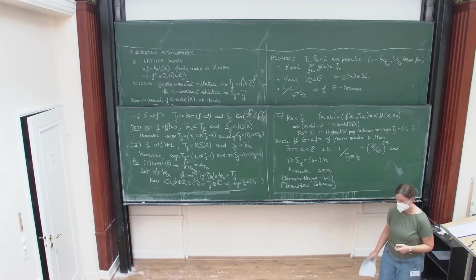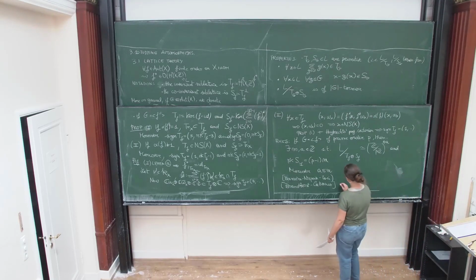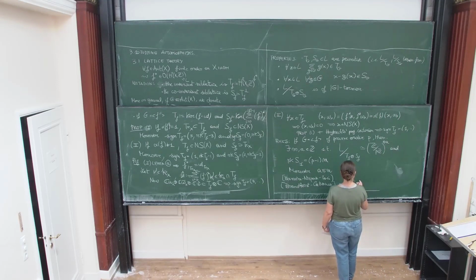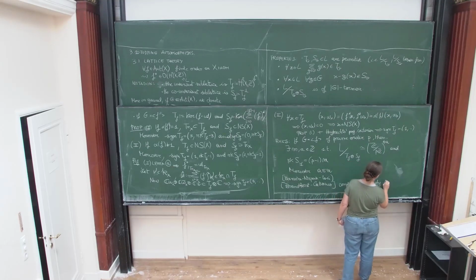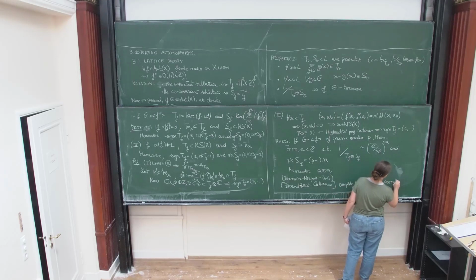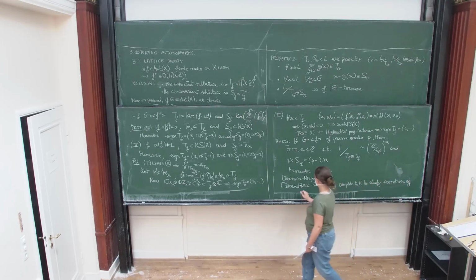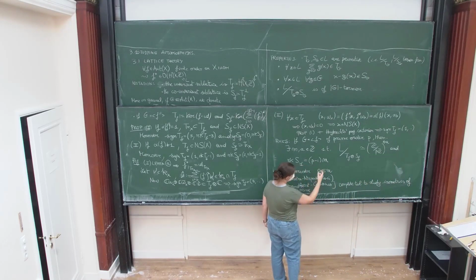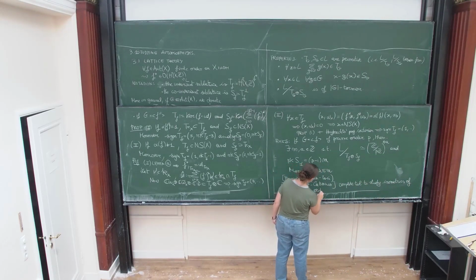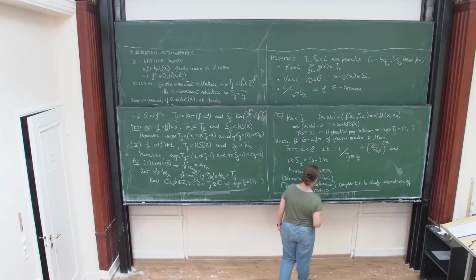Okay? So this is the complete tool to study isometries. These are the endpoints. It was done first for K3 surfaces, of course, already by Nikulin.